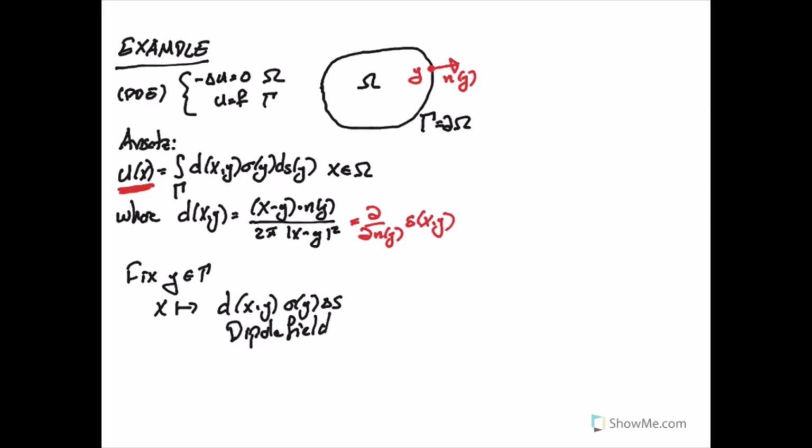And then you can show that this function d here is harmonic. If y is on the boundary and x is some point in the interior, then d of xy is a function that's harmonic in x. Applying the Laplace operator, you'll get 0.